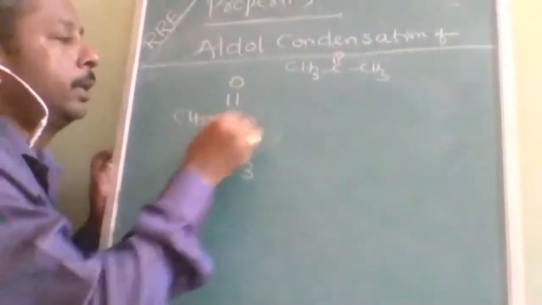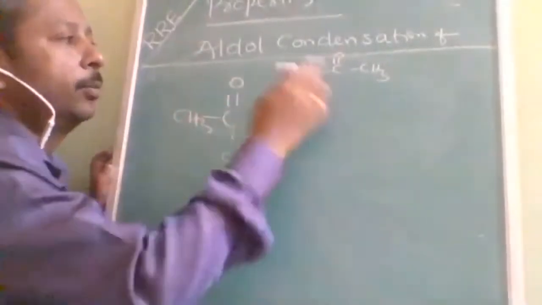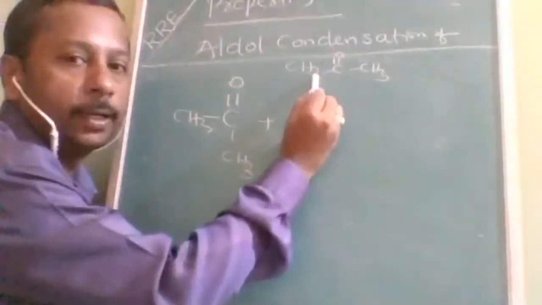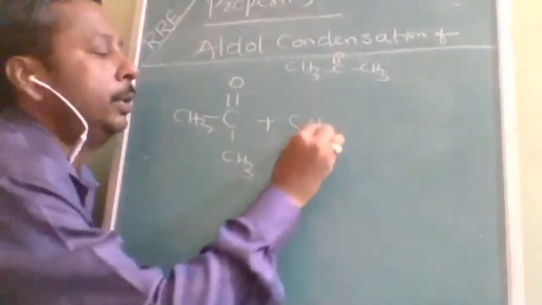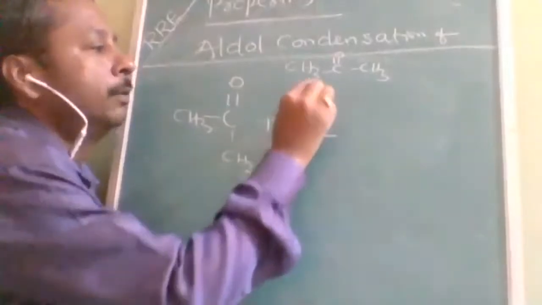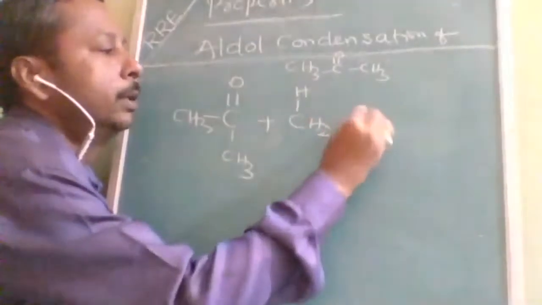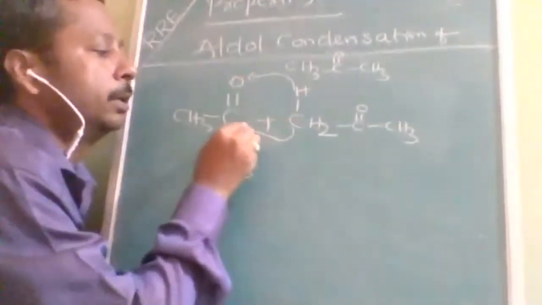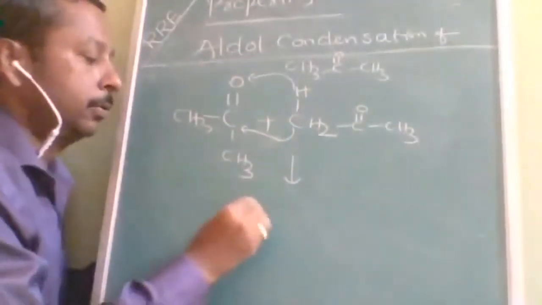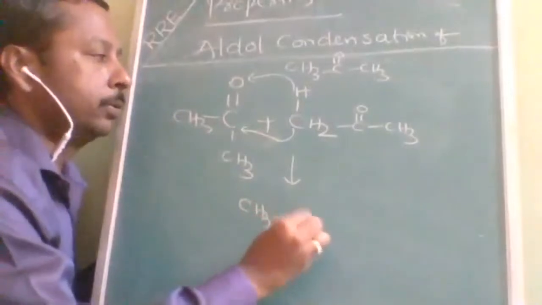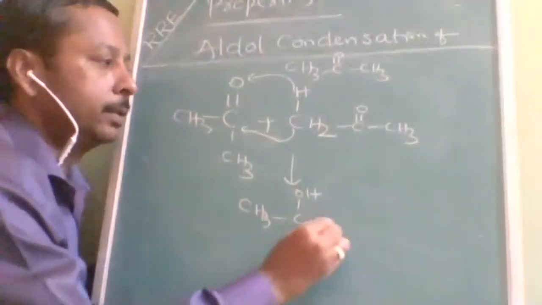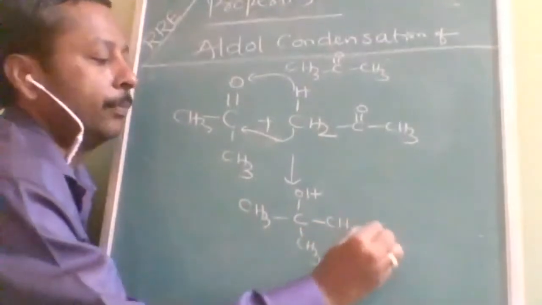In another molecule, what you should highlight is the alpha hydrogen. So CH2, highlighting the alpha hydrogen, C double bond O, CH3. Then this will go to this side and this will attach to this side. So obviously the product is going to be perfect, easiest and fastest.